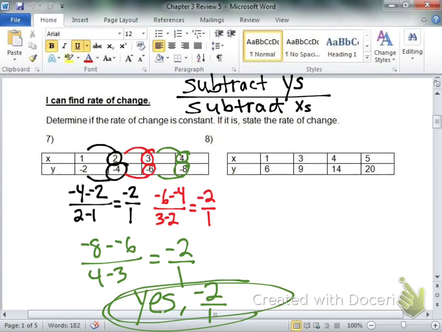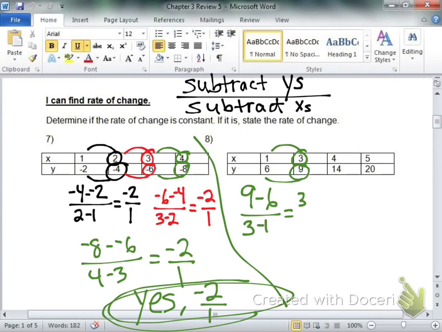All right, we're going to do the same thing on number 8. So I'm going to do 9 minus 6 to start us off, and 3 minus 1. That gives me 3 over 2. So if I get 3 over 2 on the next one, I'm going to keep going.